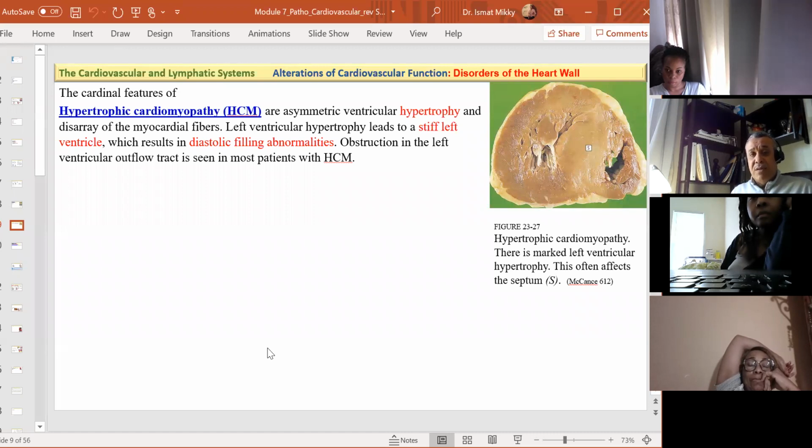About 50% of patients develop this type of hypertrophic cardiomyopathy due to a genetic predisposition. So it is transmitted as a single gene autosomal dominant trait. So it has a genetic predisposition in about 50% of patients.